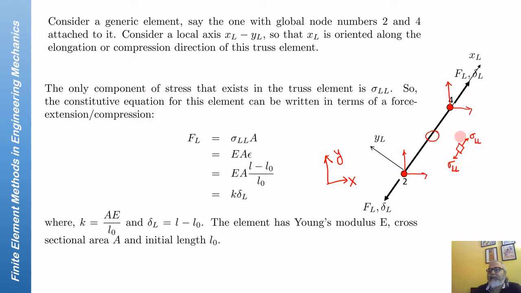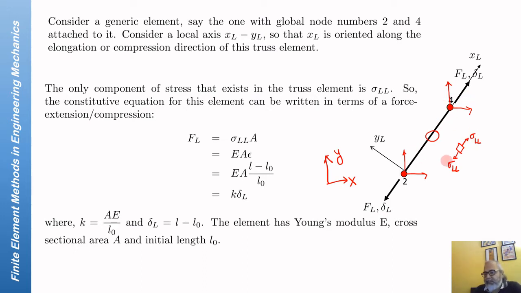And that comes from the fact that the cross-sectional dimensions of the truss element are small compared to the length. Because it's a slender element, we can justify that sigma LL will be the only component of stress prevalent in a truss element.